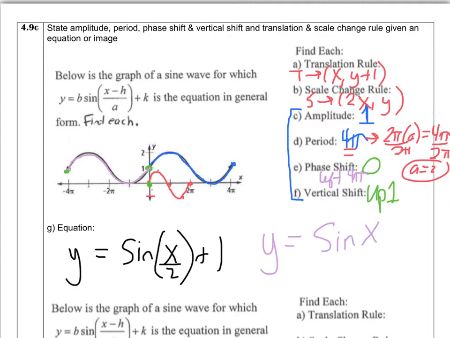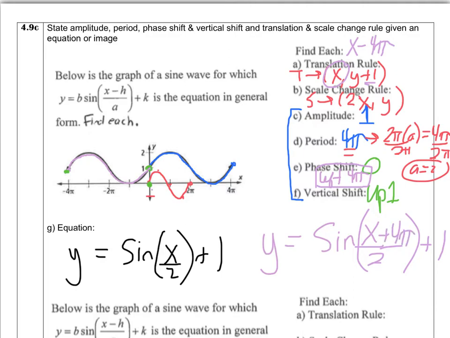You're still going to take x divided by 2, and then you're still going to have the y is the +1. Now the only difference is, because this time we said that there was a phase shift, if we change this in the ordered pair rule, it would have been x minus 4 pi. And then we have to come to the equation and not do minus 4 pi, but plus 4 pi.